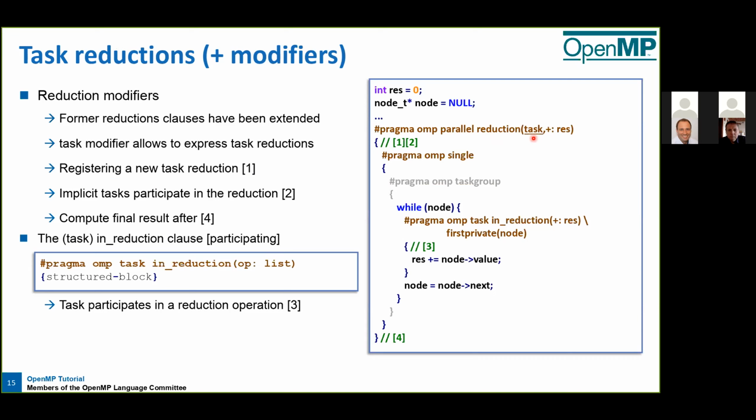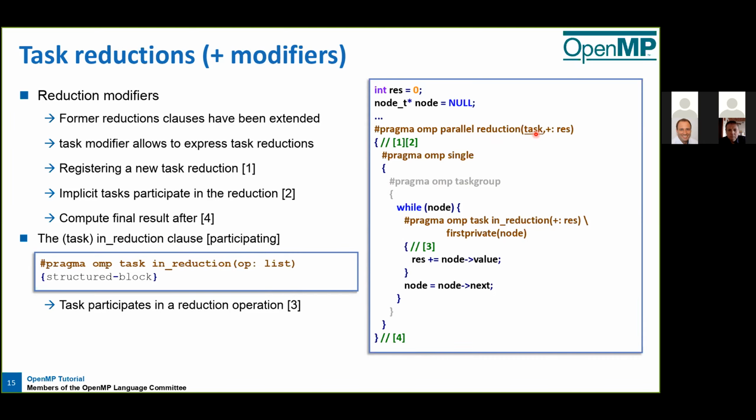You can assume that this is a simple example, but the compiler couldn't figure it out, because sometimes the tasks are not visible at the time the code is being compiled. So that means we have to make the compiler and the runtime aware that there will be tasks in the parallel region that expect to be part of a reduction.